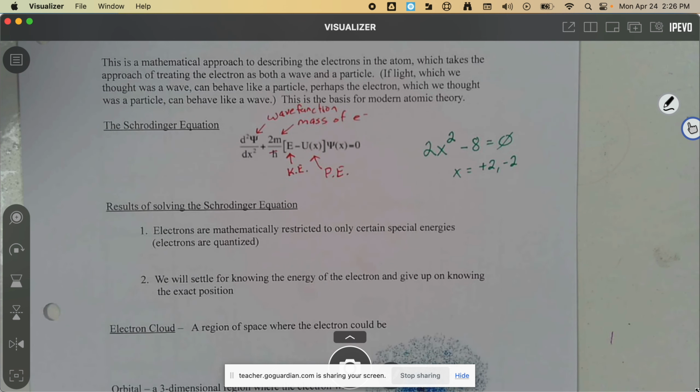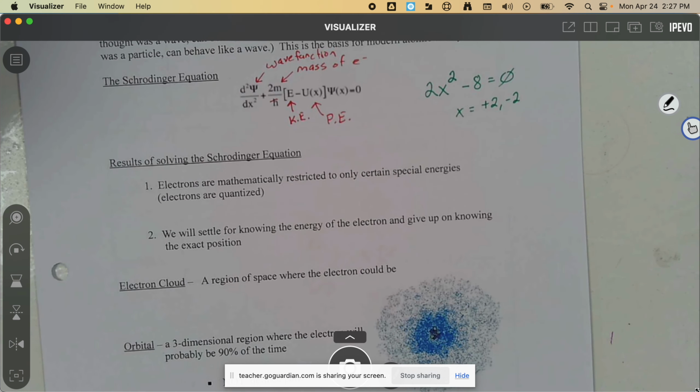Because an electron is so small, trying to measure its position, which is something we would do by bouncing something off of the electron, actually bounces the electron to a new location, and we will never know where it actually is at any moment in time. So we accept that we're never going to know where it is, and we settle for knowing its energy, because you can either know the energy or the position, and the energy is related to the spectrum, which is the data we have.